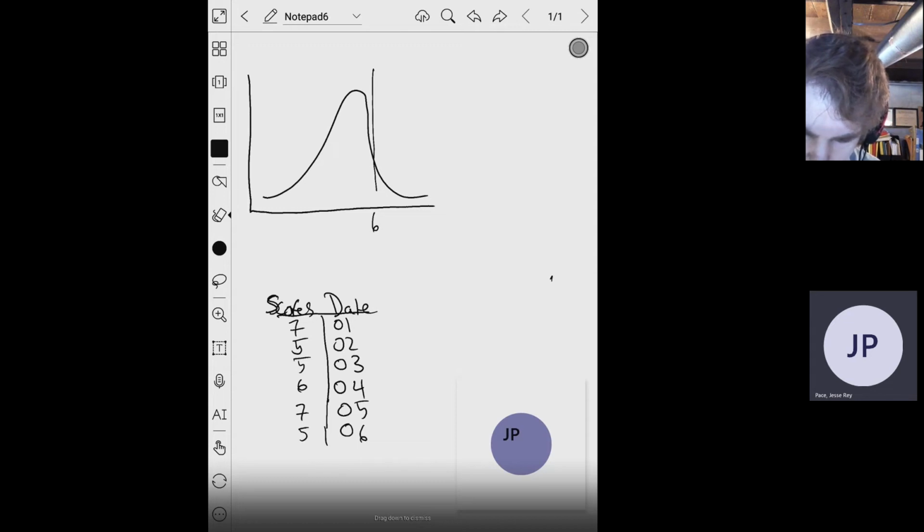Their average score is about here, like a 5.8. And they have a distribution around that score, where we expect them to score.